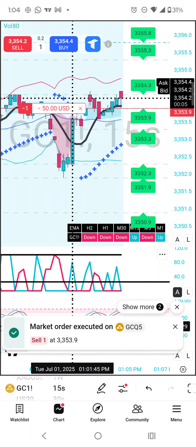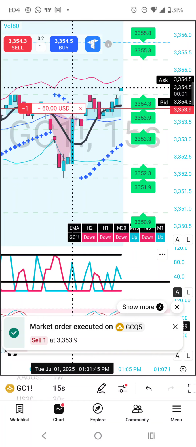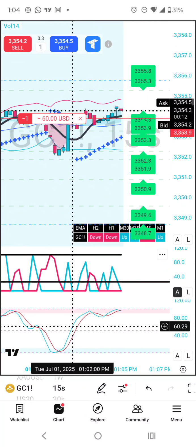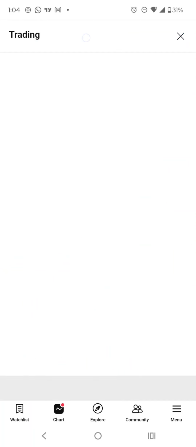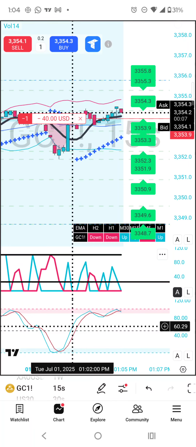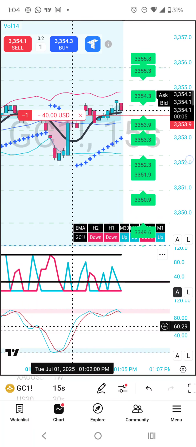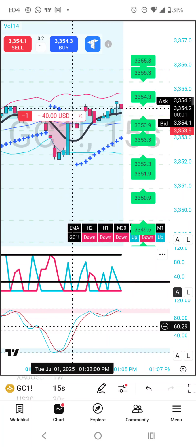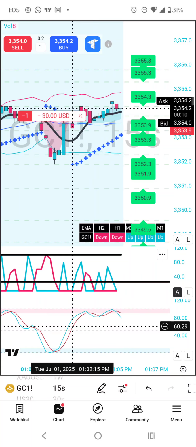Now this is an actual combine. This is an actual combine. And this is a 150K. And let's see this play out. It's coming back towards this black line.